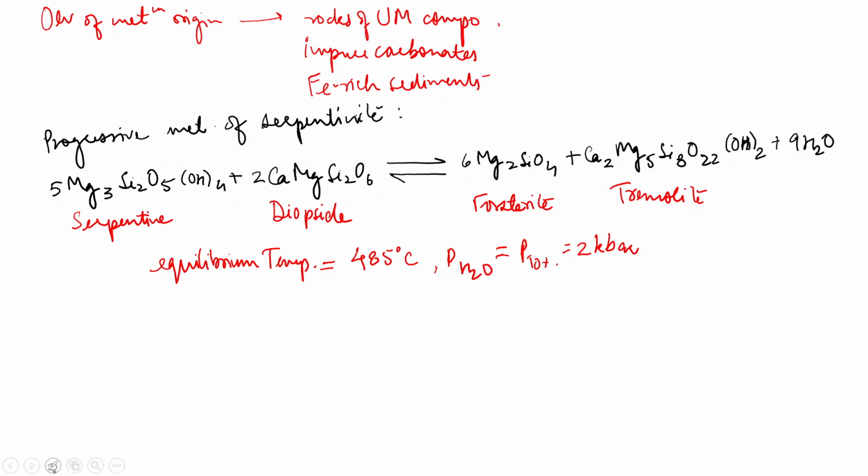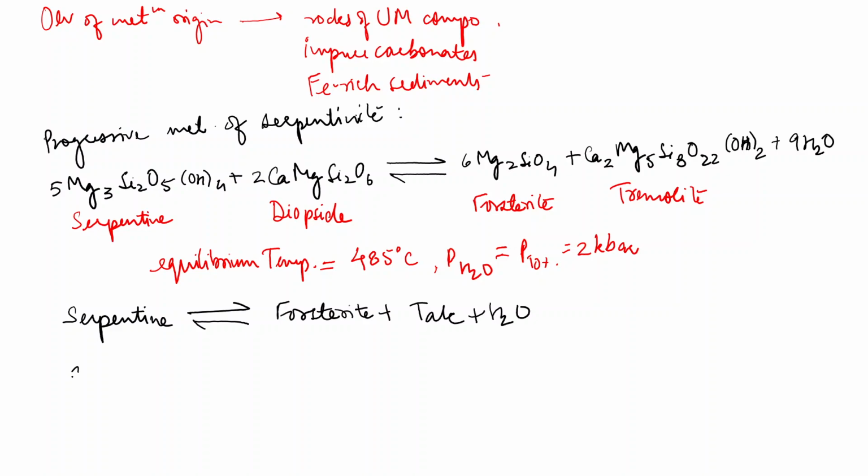Similarly, if you look at another reaction, serpentine gives rise to forsterite. It breaks down to forsterite, talc, etc. Rather than bothering you with the formula, I'll simply write the names of the minerals. Serpentine is a reversible reaction. It may give rise to forsterite plus talc plus water.